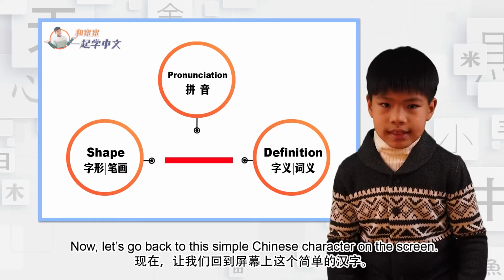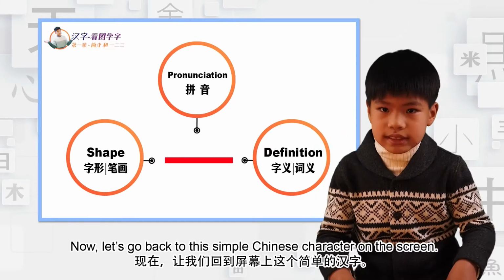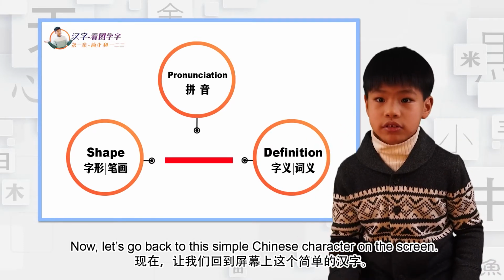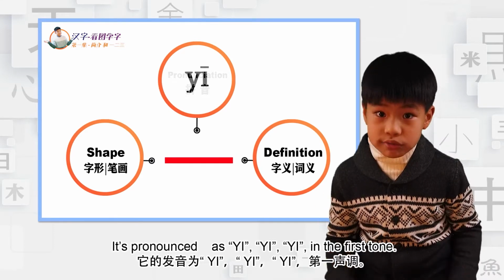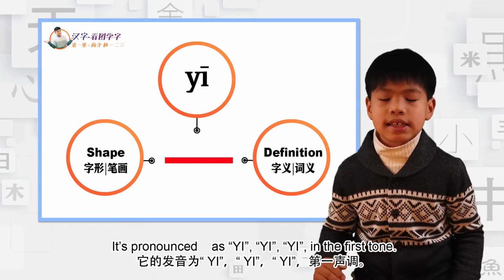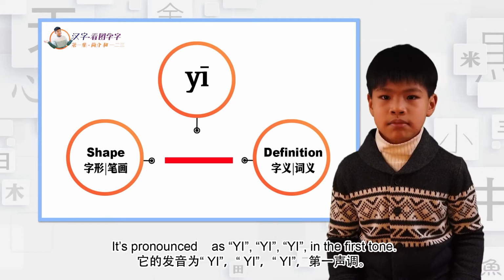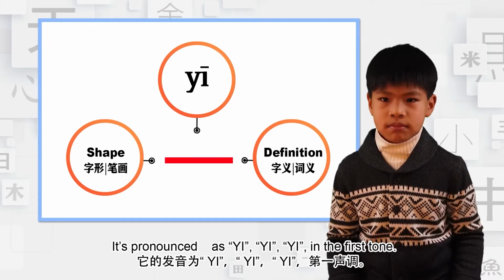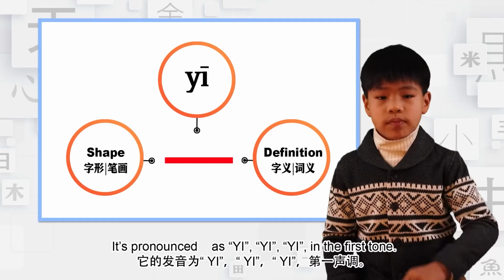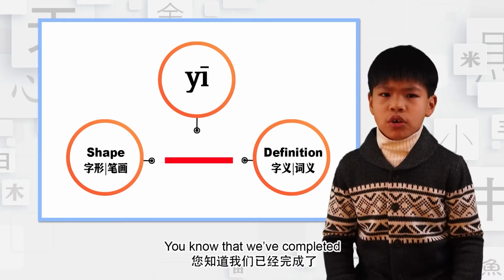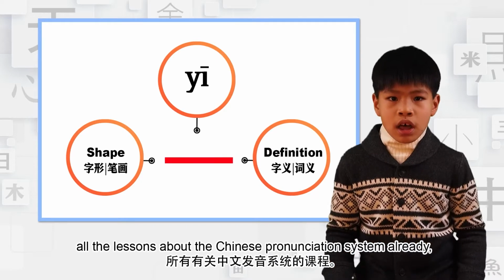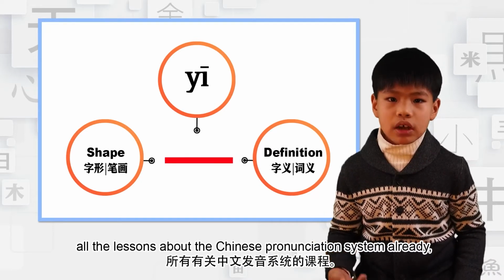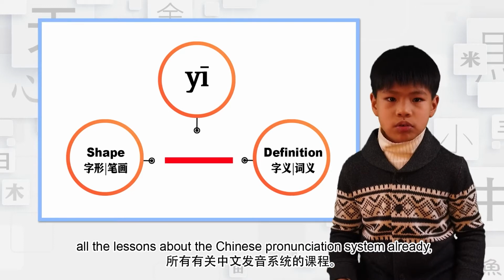Now, let's go back to this simple Chinese character on the screen. It's pronounced as yi in the first tone. You know that we've completed all the lessons about the Chinese pronunciation system already.